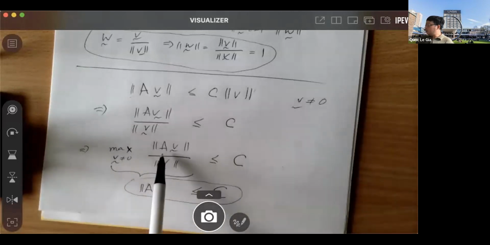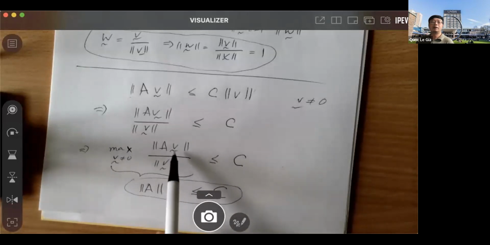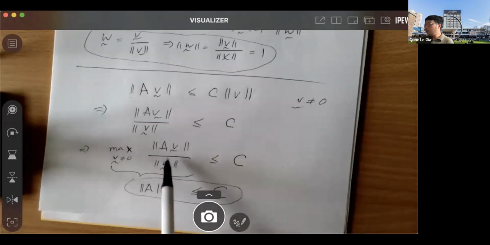Remember, this is a single real number. Because you have a matrix and a vector, you multiply and get a vector, then you take the norm and get a number. Here you have a vector, you take a norm, and you have another number. So this number over this number is still a real number.